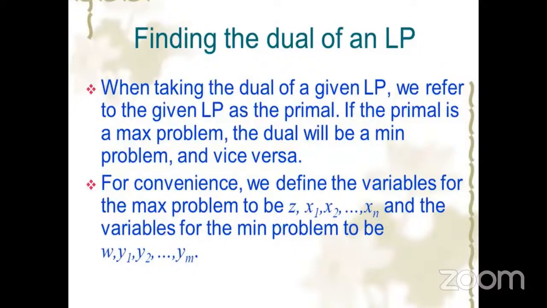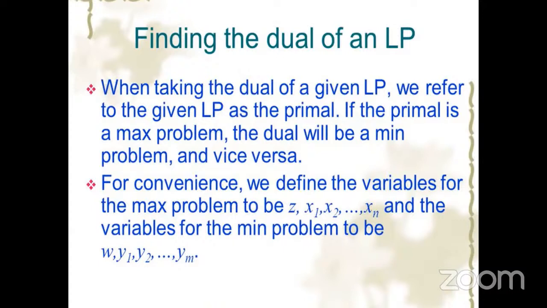When taking the dual of a given linear programming problem, we refer to the given linear programming problem as the primal one. That means if the primal is a maximization problem, then the dual will be a minimization problem, and vice versa.